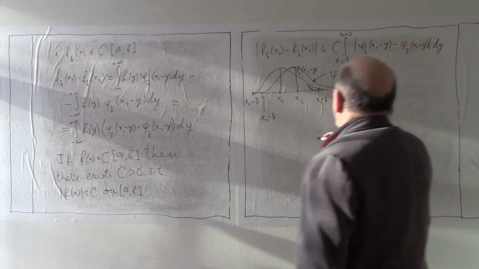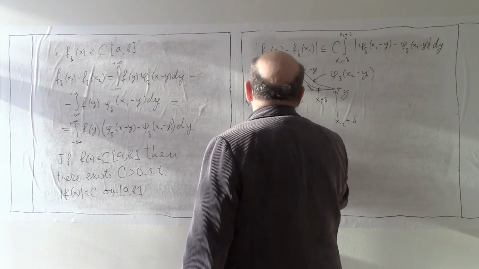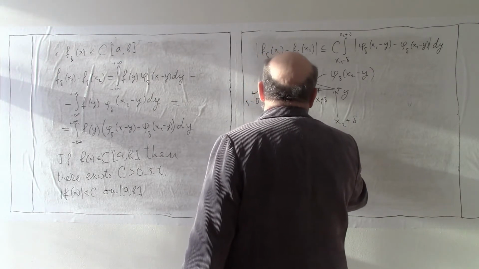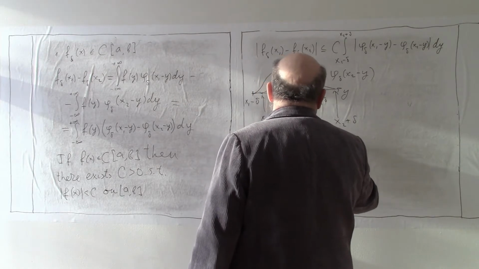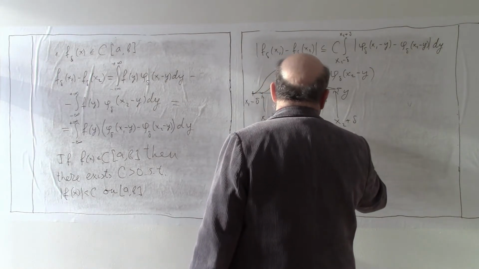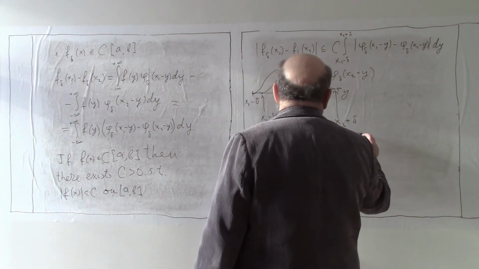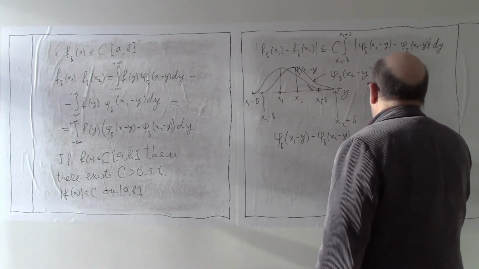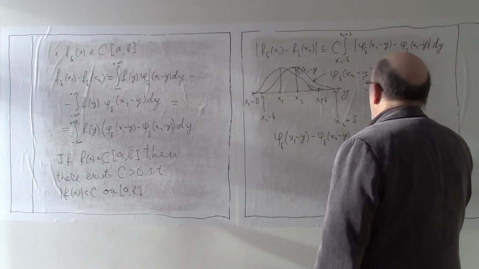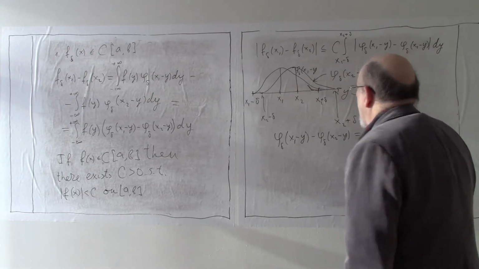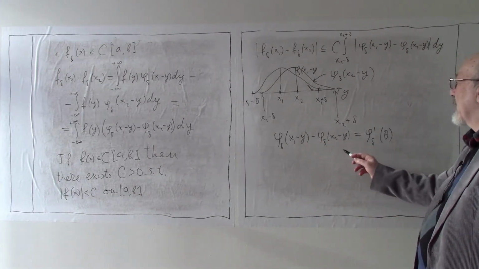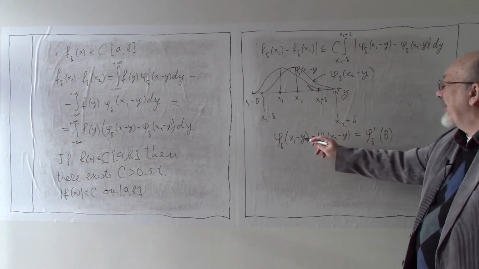So this means that phi delta of x1 minus y minus phi delta of x2 minus y equals phi delta prime of some point theta, where theta is a point between x1 minus y and x2 minus y, times the difference.